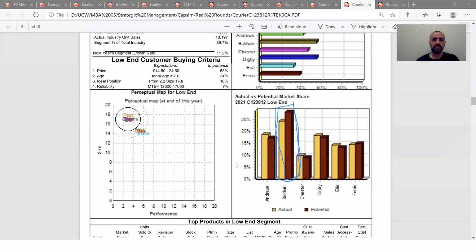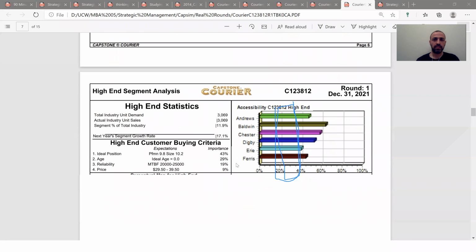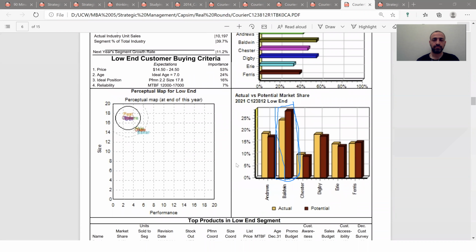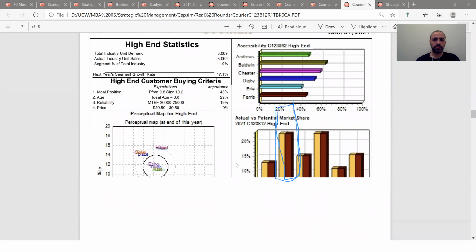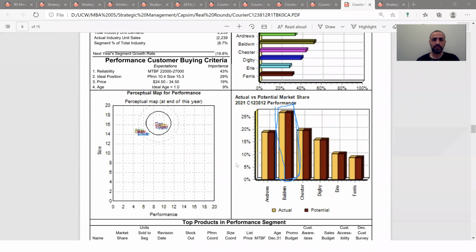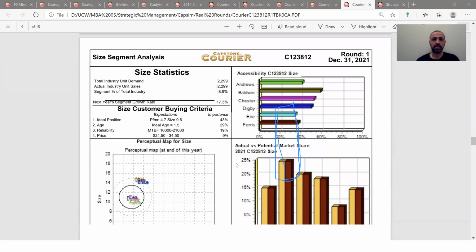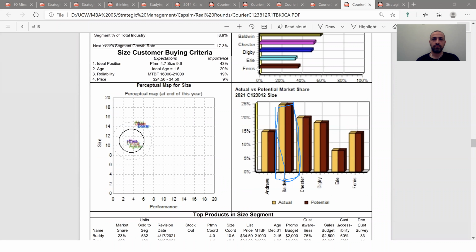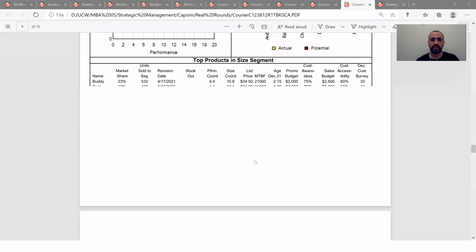You can see that B is number one in, this is our cash cow product. So here in high end, here in performance, here in size. So we will try to keep the broad differentiation strategy, so that we can keep ahead of our competitors based on market share.